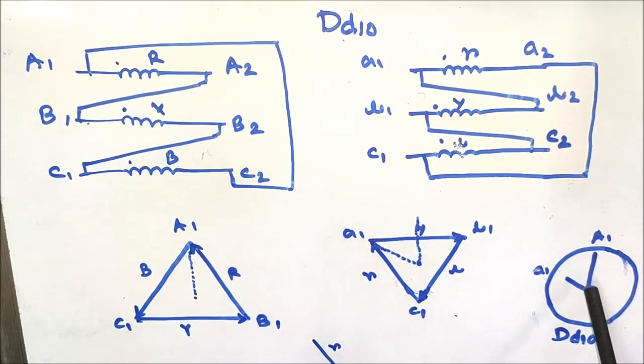So it is the HV side winding induced EMF, and it is the LV side winding induced EMF. You can see the HV side is delta connected, the LV side is also delta connected, and the LV side winding induced EMF is leading that of the HV side winding induced EMF by 60 degrees, and that is why it is called Dd10.